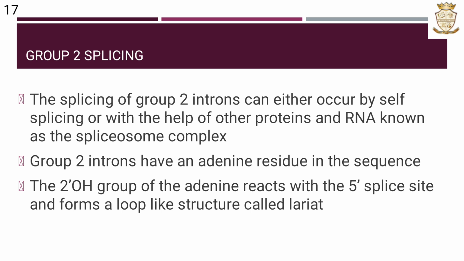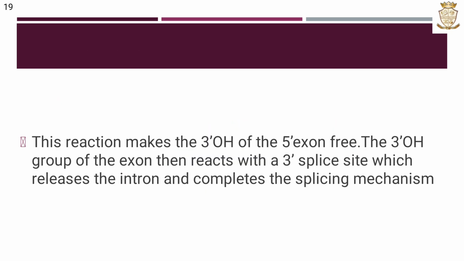The 2' OH group of the adenine reacts with the 5' splice site and forms a loop-like structure called a lariat. This reaction makes the 3' OH of the 5' exon free. The 3' OH group of the exon then reacts with the 3' splice site, which releases the intron and completes the splicing mechanism.